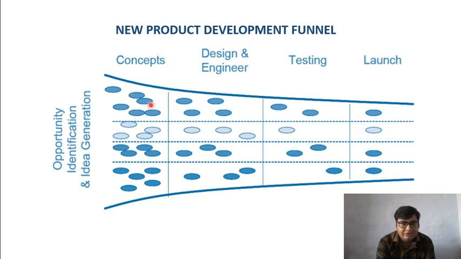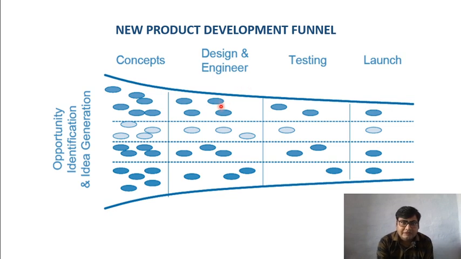So we will screen and reduce the concepts, and then we will design and engineer on those concepts. We'll reject oil paint, we are not going to work on that. So we will be working on pen, pencil and marker. Those seem like good ideas, so we will work on pen, pencil and marker.